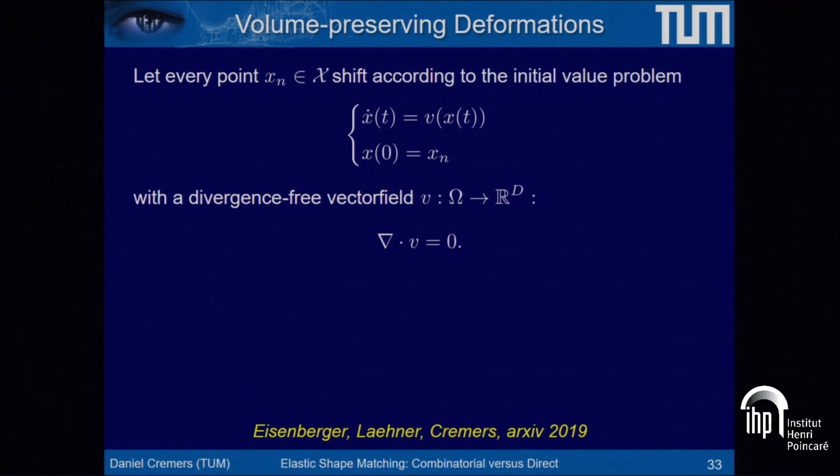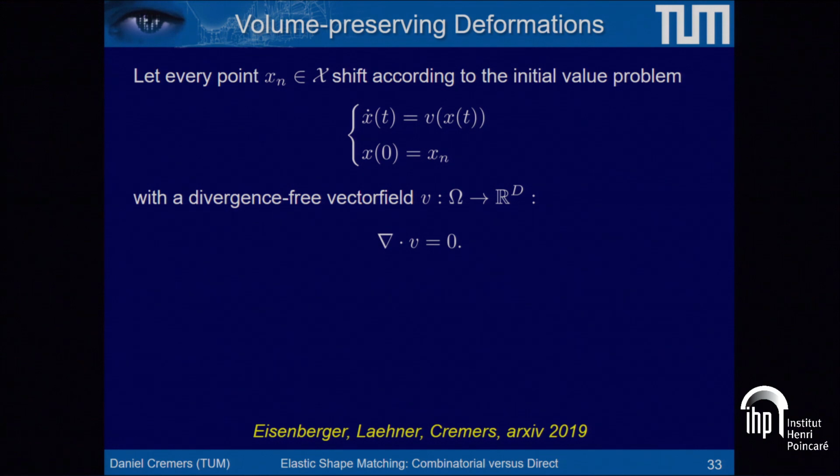And now, among all these interpolating vector fields, we choose one that preserves the volume. This is very important because if you have two 3D shapes, they may be articulated, they may be deformed, but they should have the same volume. This is our assumption. And there is a very elegant way to constrain that the volume should be preserved.